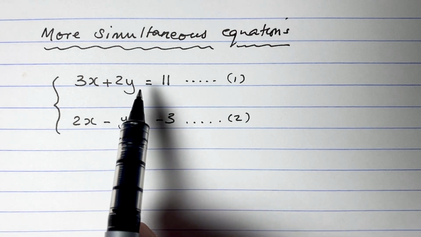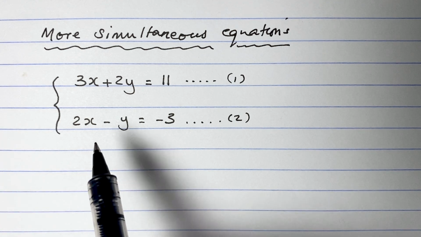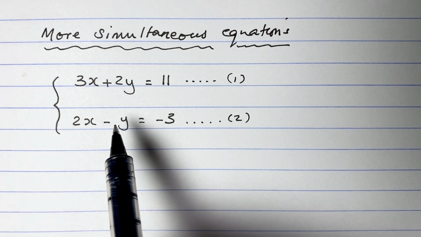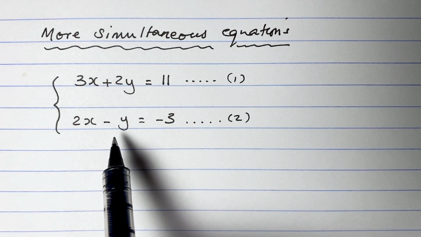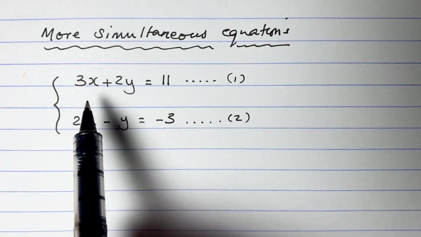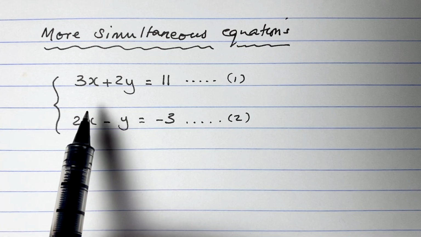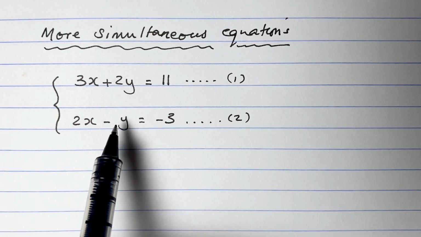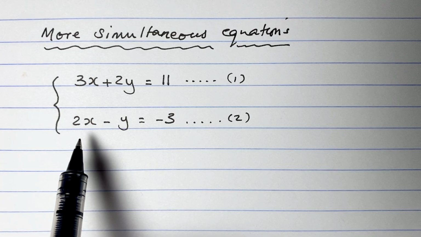So here we need to decide which letter to eliminate. As I explained in previous lessons, it doesn't matter which letter you want to eliminate. But sometimes one letter is better. Never wrong, but better. For example, here, I would think eliminating y would be better than eliminating x.